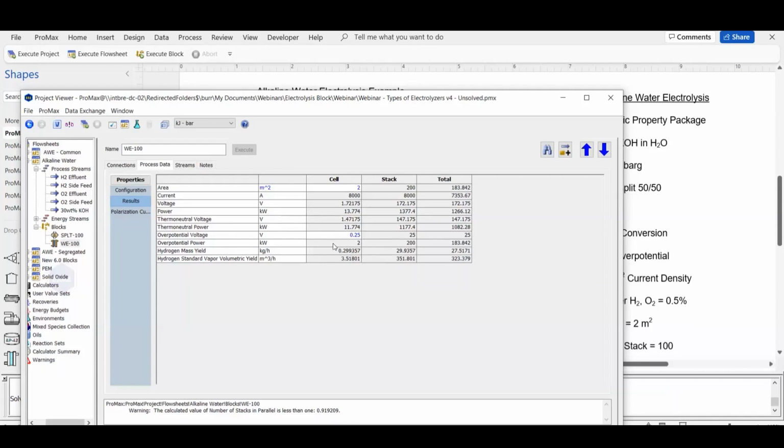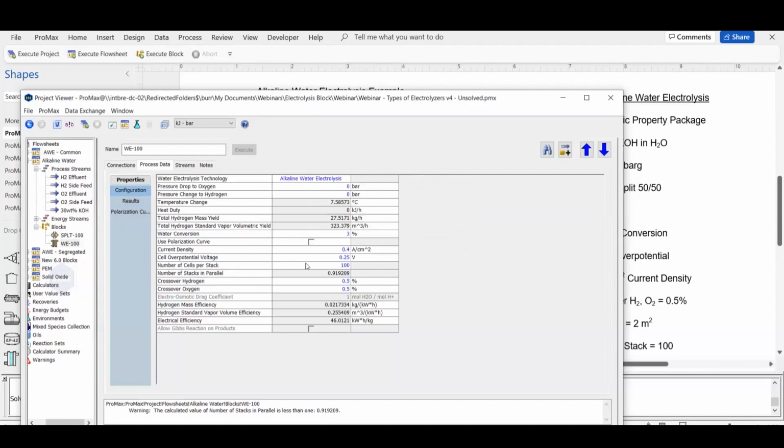And the overpotential voltage. Now we have a couple of properties for how much hydrogen we produced on the hydrogen product stream, not counting anything that crossed over on the hydrogen stream. This is the hydrogen yield to the desirable hydrogen product side, and this is the same thing expressed in a standard vapor volumetric flow rate.